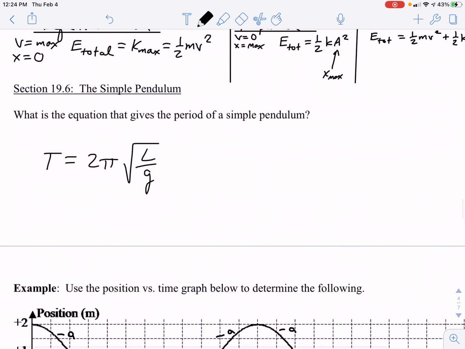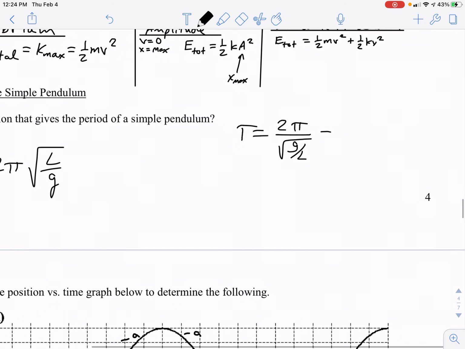Now, if you were to rewrite this as 2 pi over the square root of g over L, because remember, dividing by a fraction is multiplying by the reciprocal, right? Then what that would tell you is this is 2 pi over omega.